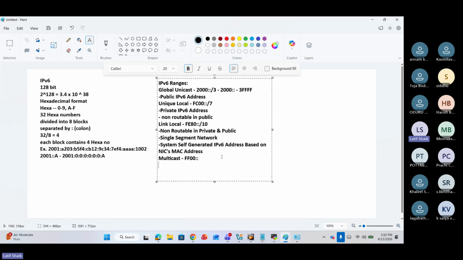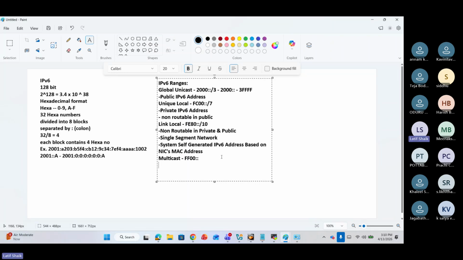If you see an IP address FE80, FE80 is common for all systems, their link-local IP address. FE80 is commonly used for the link-local IP address of a system. FC00 to FDFF is the unique local IP address range.